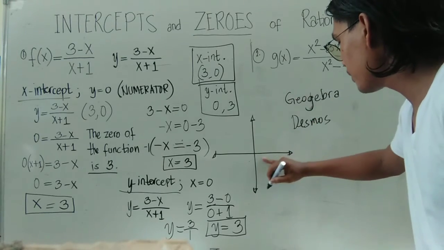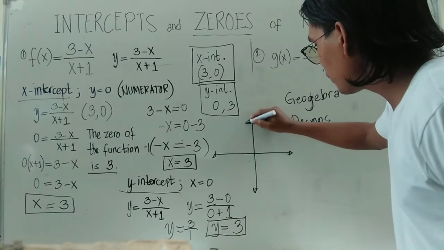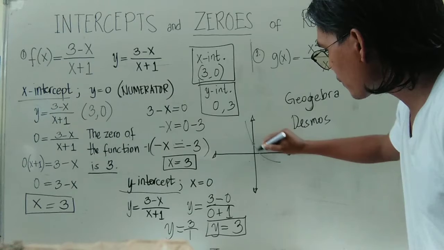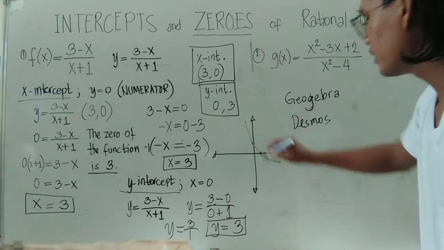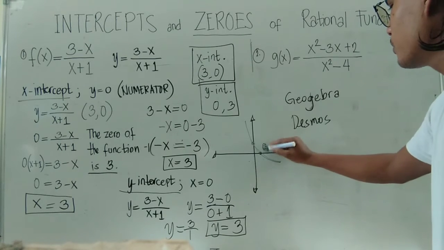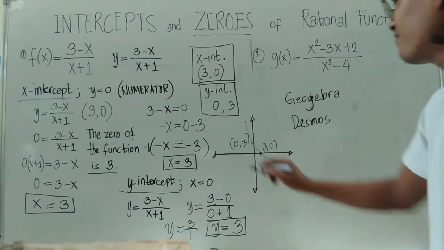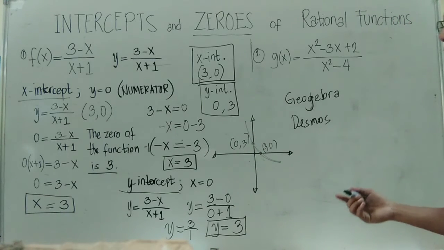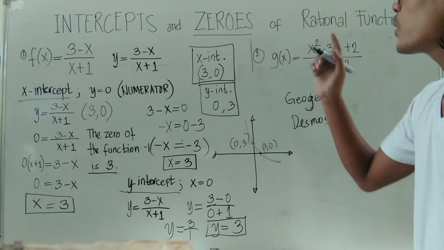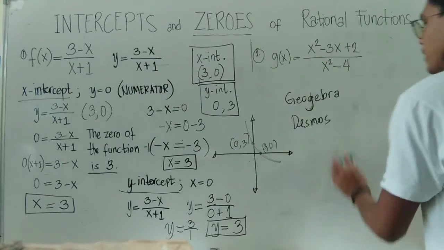So, giving you a hint of the graph of this function, it will be just like this one. So the x and y intercept there. So this is your x-intercept, assuming so you have your 3 and 0, and your y-intercept will be 0, 3. Okay? So I guess you visualize the concept and understand the concept behind the graph as well as the intercepts and zeros of this given rational function.